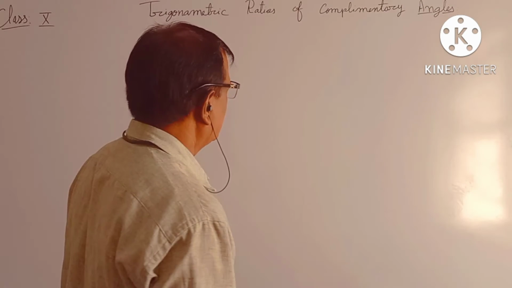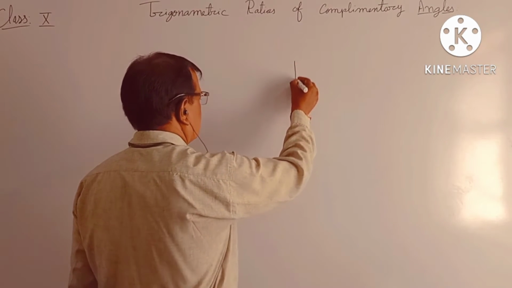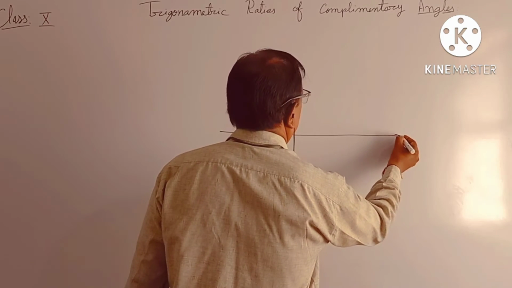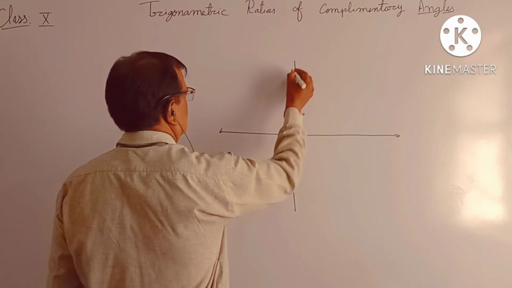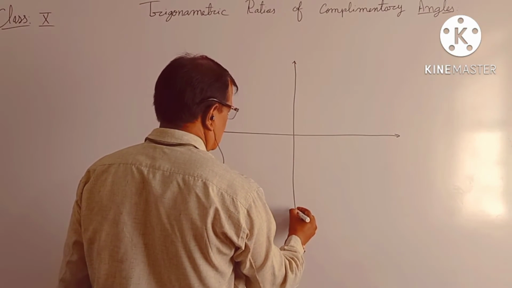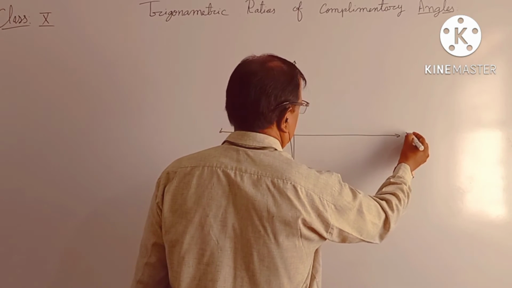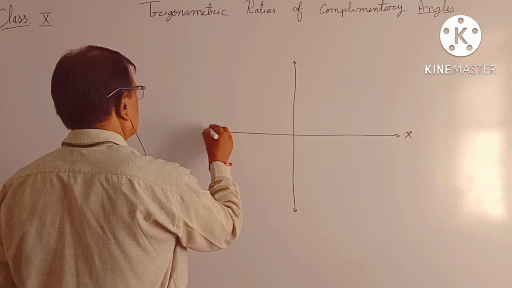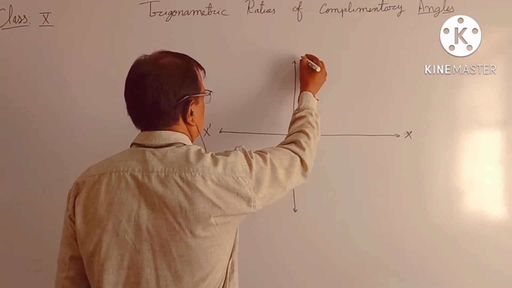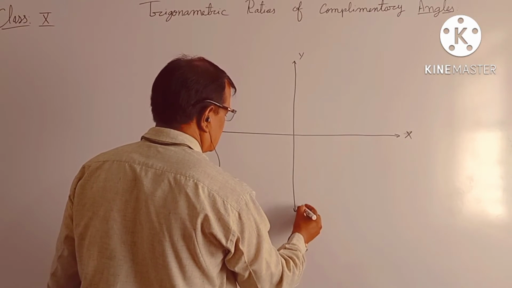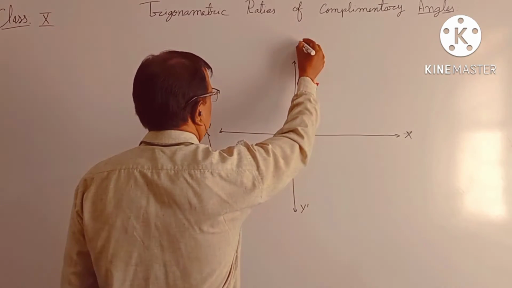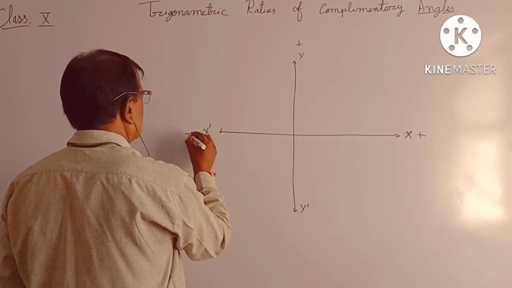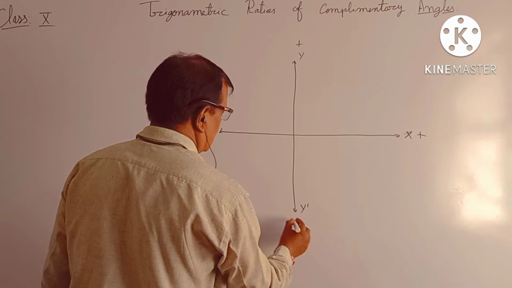When we take any plane and draw two lines, vertical and horizontal, where they intersect is the origin, and this is the x-axis. This is x dash because it is opposite, and y dash. This is the positive side, this is also the positive side, this is the negative side and this is the negative side.